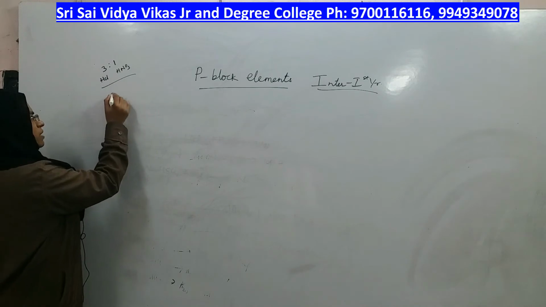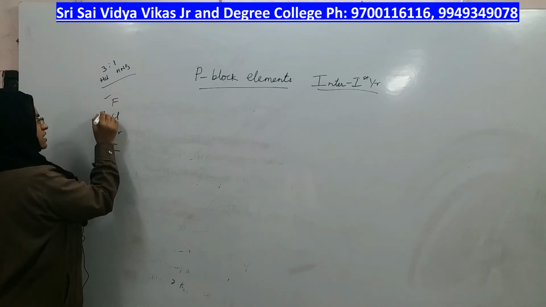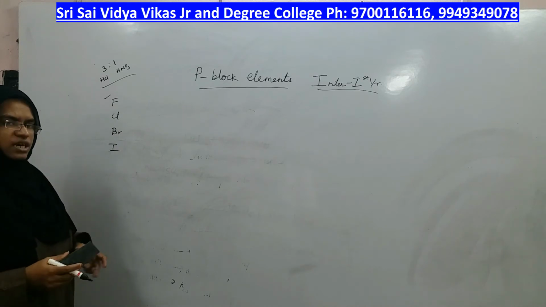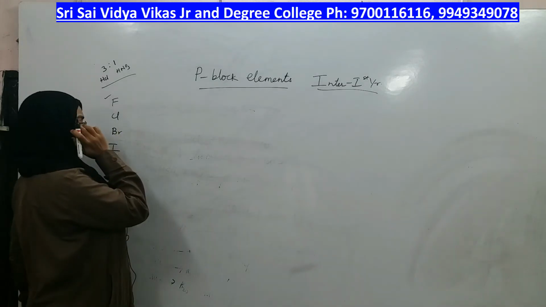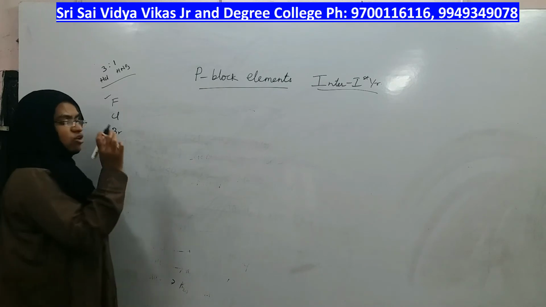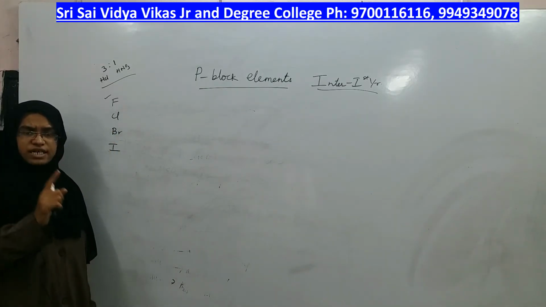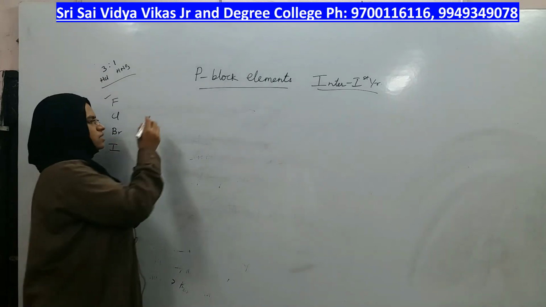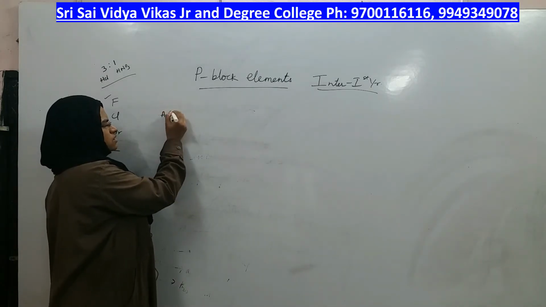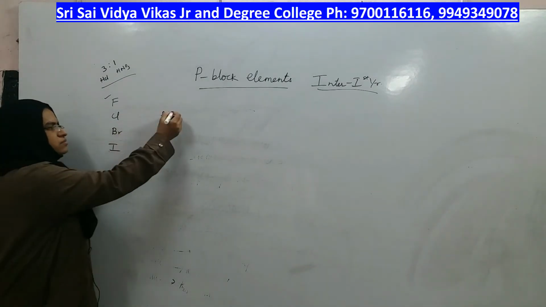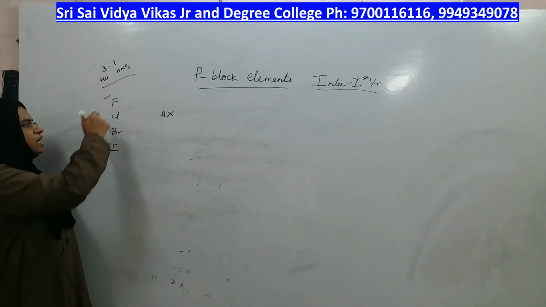Fluorine is at the top, has highest electronegativity, and the remaining don't have that much electronegativity, right? So, interhalogen compounds means the combination of 2 halogens in which the central atom from that compound is lower halogen and the surrounding atoms are higher halogens.